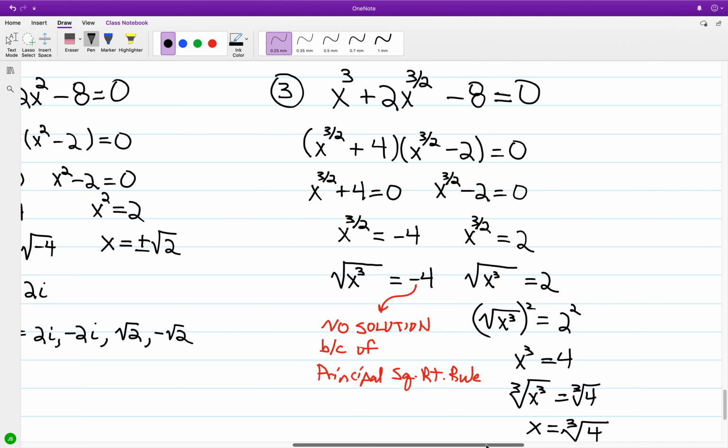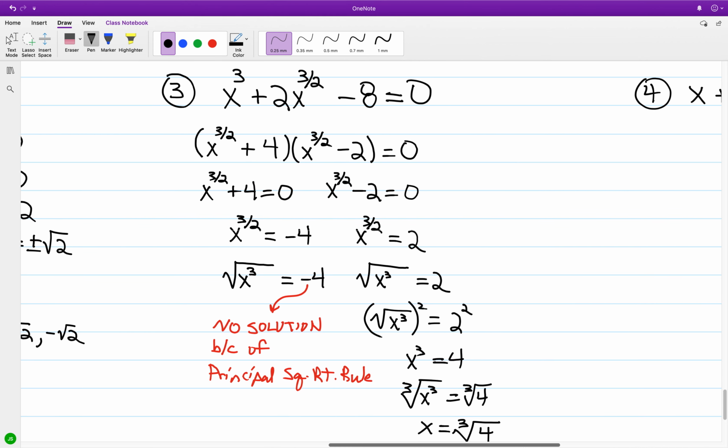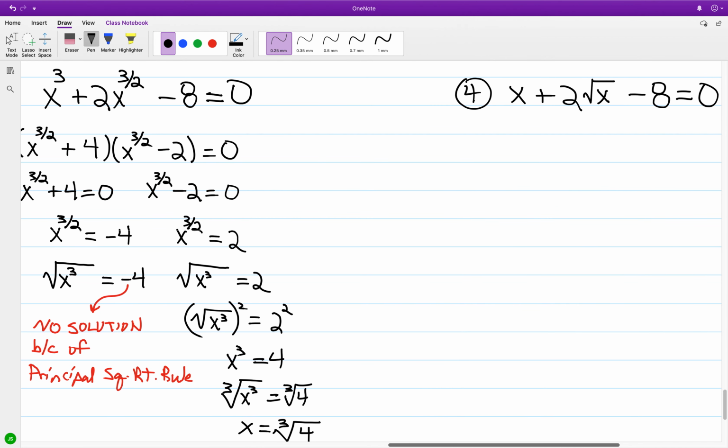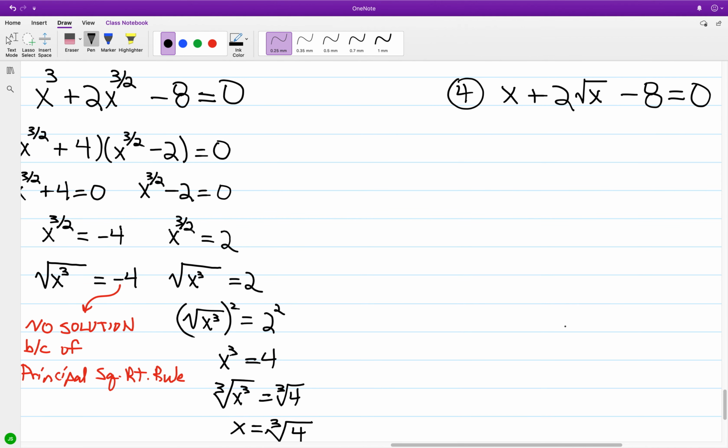Now for the fourth item, again I'm maintaining the same coefficients. This equation is going to be quadratic in the square root of x. If I look at factoring, having x go to the square root of x times itself, with the same constants, you have factors of negative 8 whose sum or difference will be positive 2.